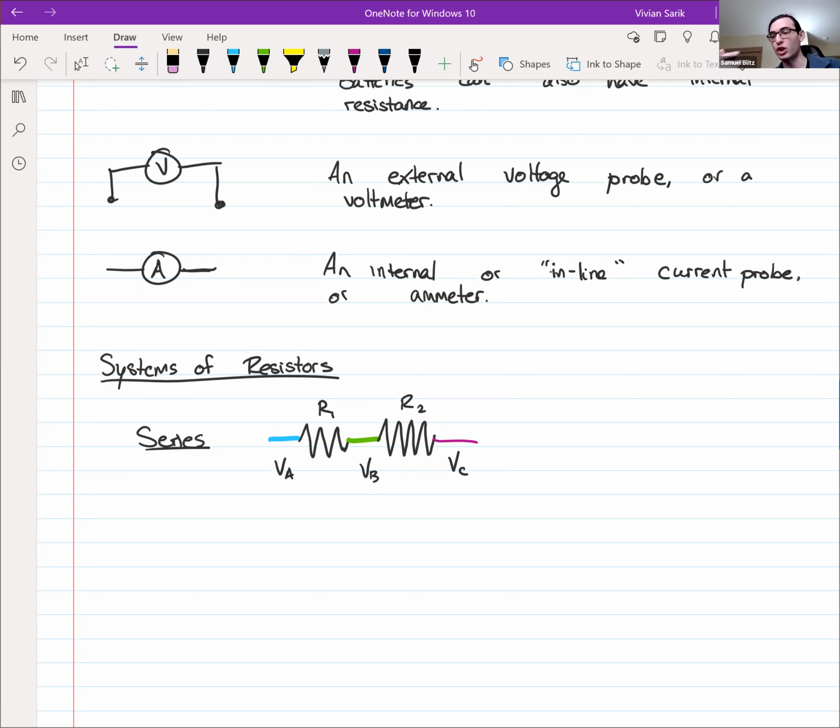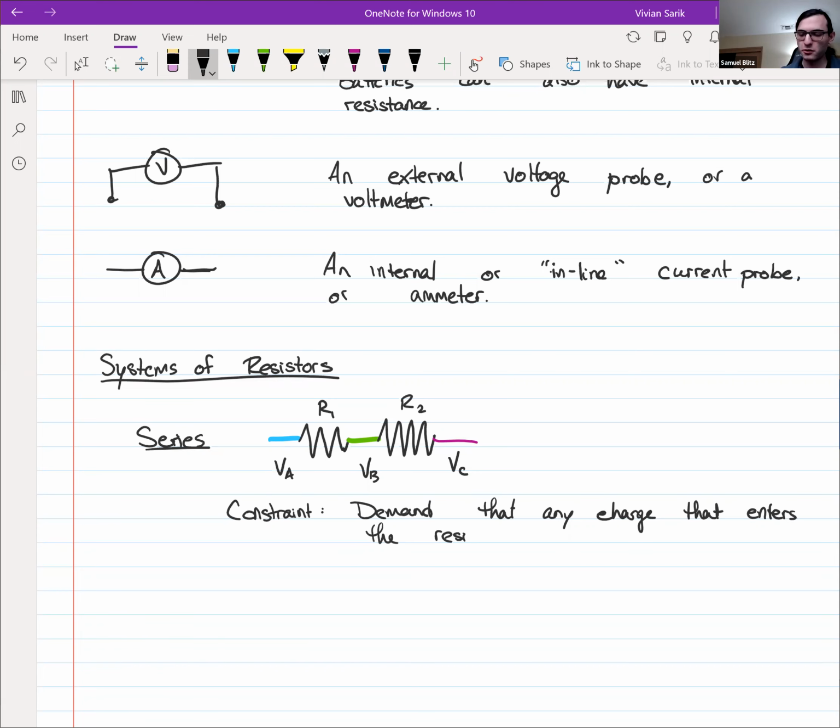But here we're not talking about charge being stored, we're talking about charge flowing. So the constraint that we implement here is we demand that any charge that enters the resistor exits the resistor. All that's saying is we want to constrain our system so that there's no charge buildup in the resistors.